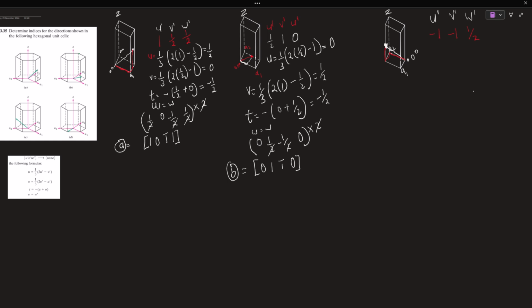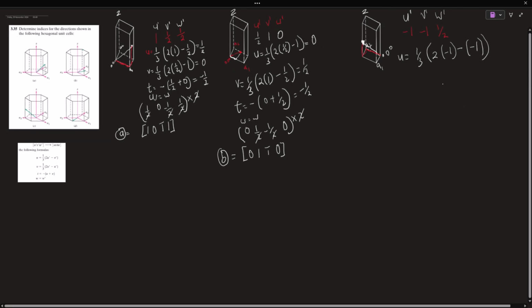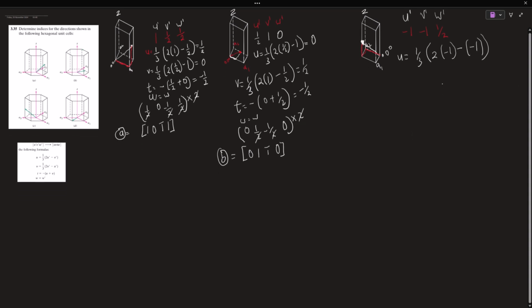Let's move forward by solving for our U, V, and T, W. So solving for our U, we have U is equal to 1/3 open bracket 2 open bracket U prime, which is -1. This is where a lot of us make mistakes because we miss the sign conventions. So I'm going to carefully type that in my calculator so I don't make any mistake. -1 open bracket and again -1, so it's equal to -1/3.